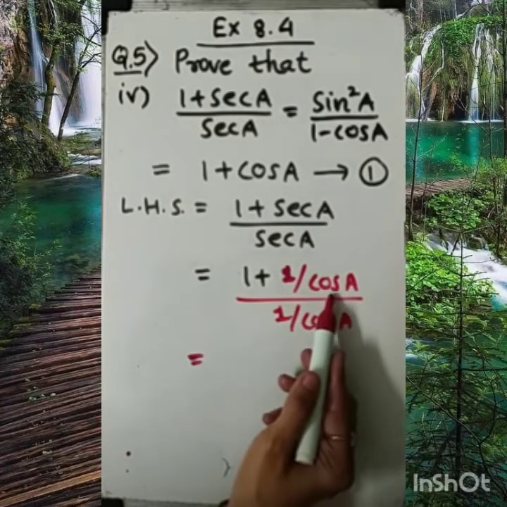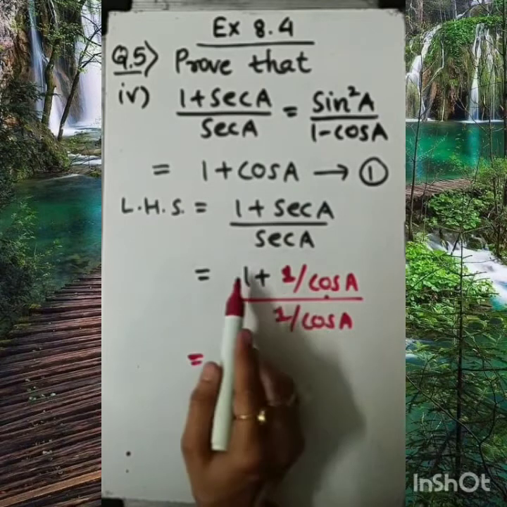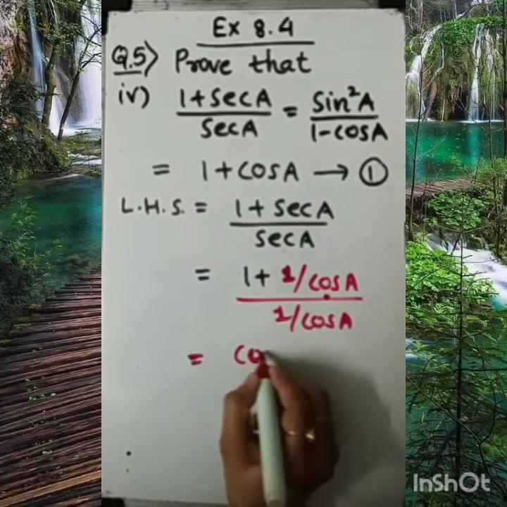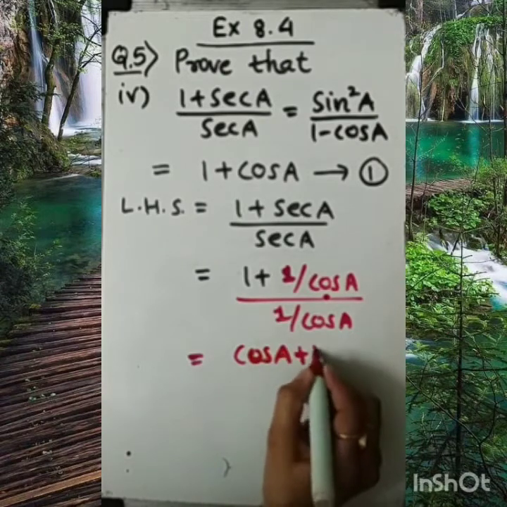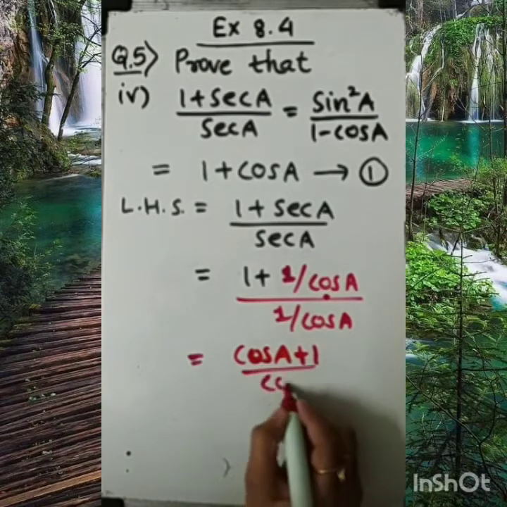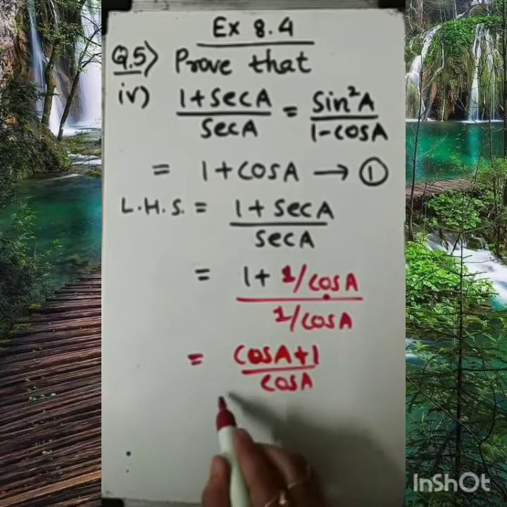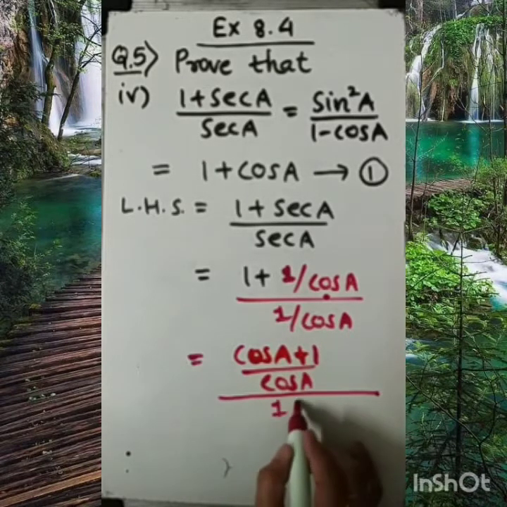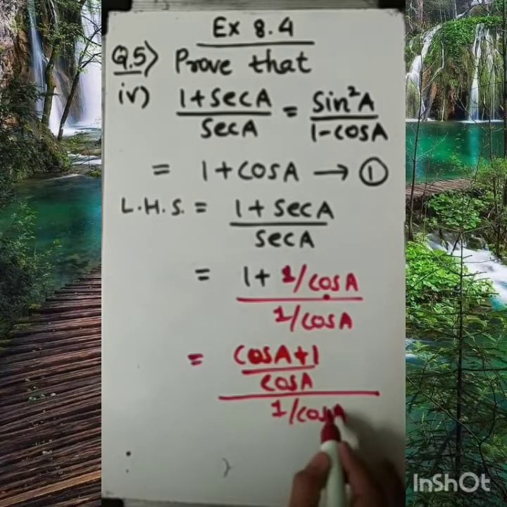So now in such a case, I have to take the LCM. So cos A will be multiplied with this. So I have here cos A plus 1 in the numerator, and cos A as the LCM, upon 1 upon cos A, which is already there. So let it be as it is.